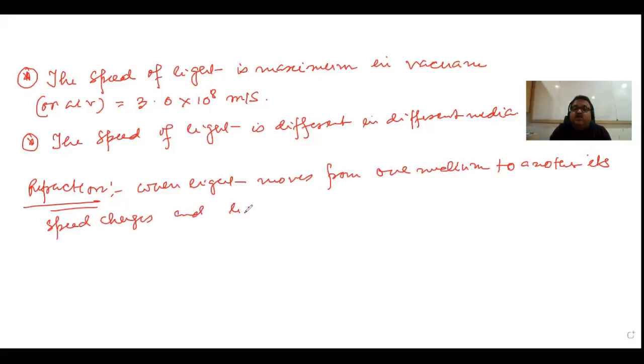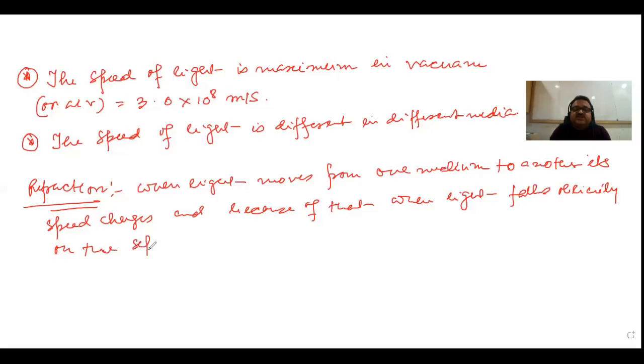And because of that, this is very important, when light falls obliquely on the separation of two media, it deviates from its initial path.